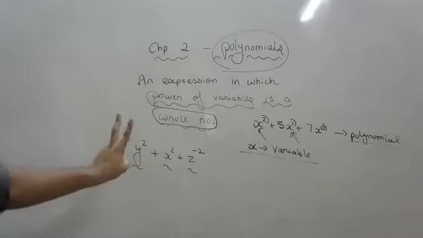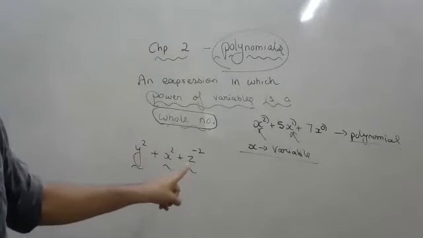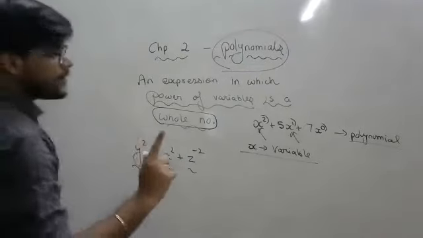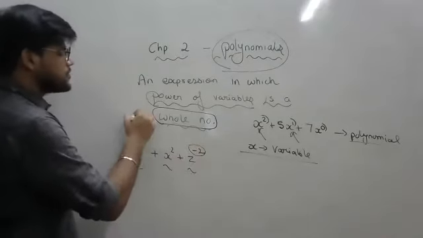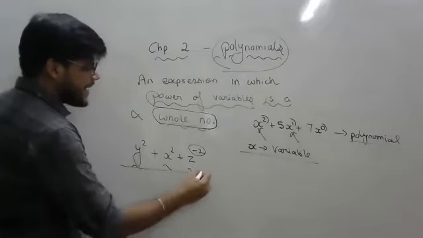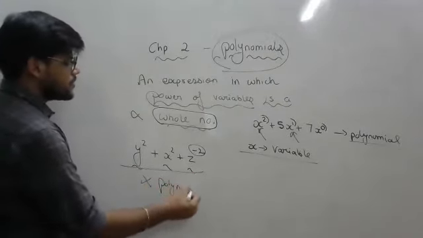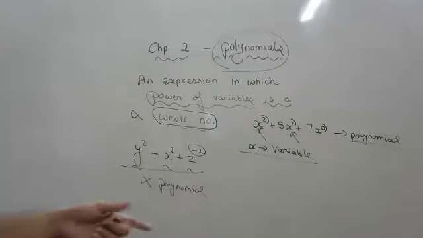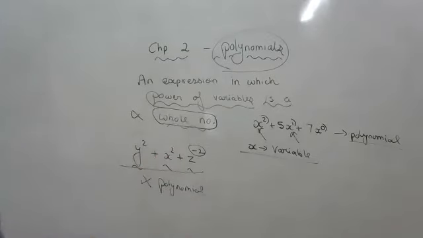Variable y is having power of 2, variable x is 2, and variable z is minus 2. So even if one variable is having a power which is not a whole number, the entire expression will not be a polynomial. Even if one of the variables in one of the terms is having a power such that it is not a whole number, you cannot consider the entire expression as polynomial.